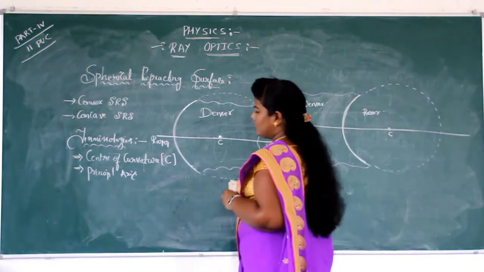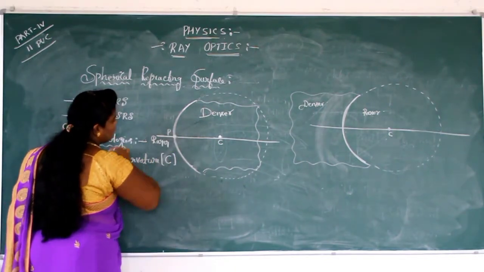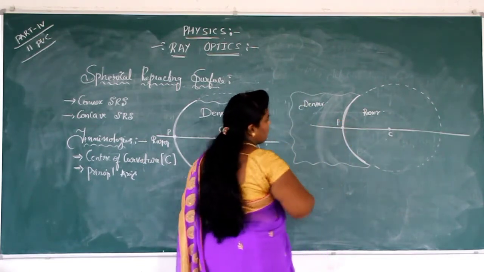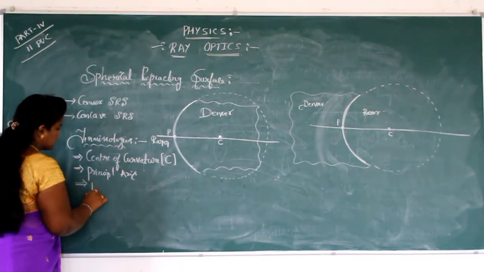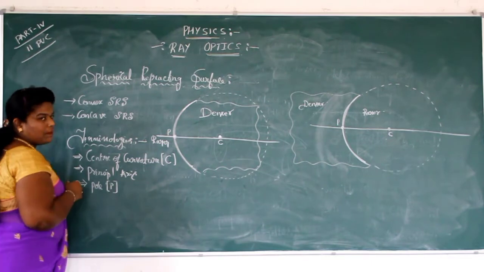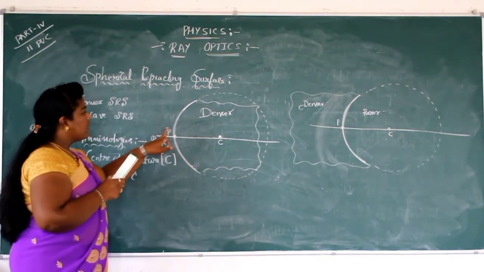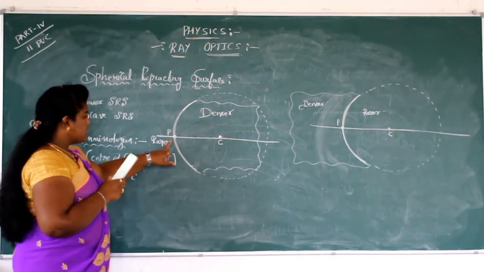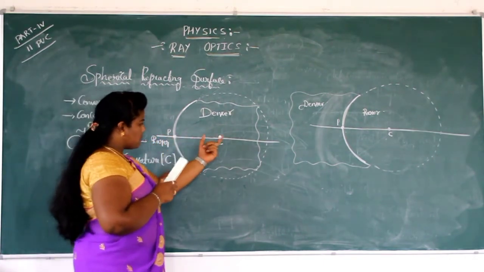If I draw the line like this, you can observe that it is the midpoint of the refracting surface, represented by P. What is P? P is said to be the pole. Dear students, the pole is represented by the capital letter P. So the pole is the center of a refracting surface. P is a point lying on the principal axis.